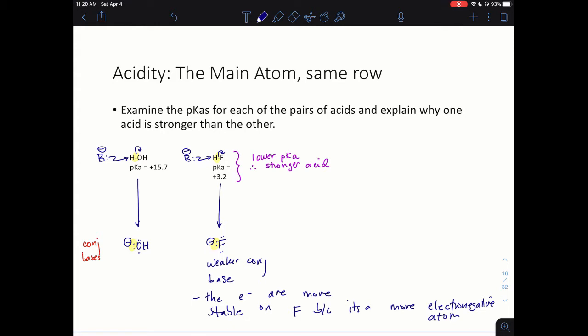So this is the first structural factor that we're going to consider. I call this the main atom. The main atom is the atom directly bonded to the acidic proton.